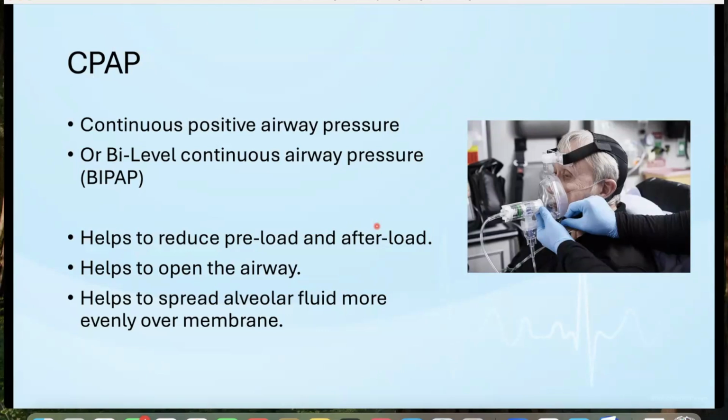But when it senses that you're done inhaling, it drops to a lower pressure to make exhalation a little bit easier. It can be more readily tolerated because it doesn't feel as weird as plain CPAP does.